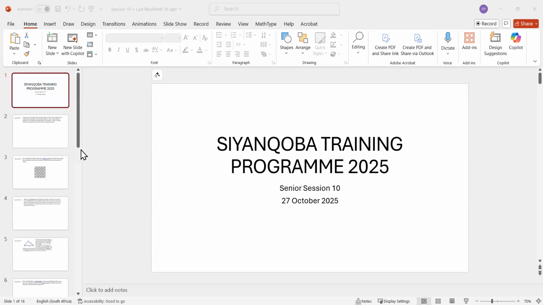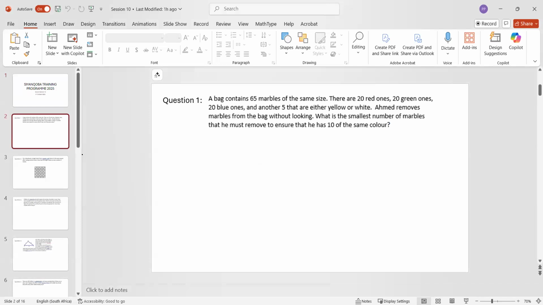All right, so let's go to the very first problem. This problem reads, a bag contains 65 marbles of the same size. There are 20 red ones. Let's just make a record of what we've got. The red, 20, green, 20, and blue, 20.